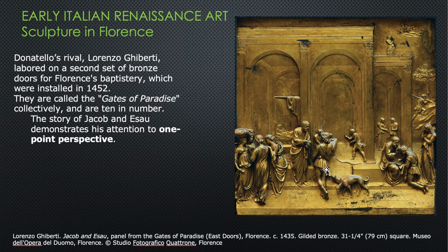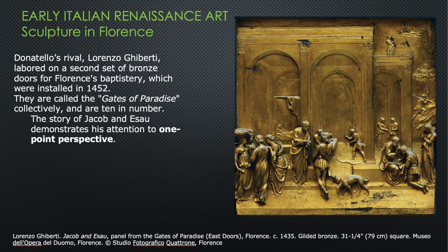He creates this scene in this structure with these round Roman arches and converging diagonals. He also makes things that are the furthest away very low in relief, so they're barely rising up the further back it is, and smaller. So he's using a lot of depth cues here to try to create the illusion of greater depth in his relief sculpture. And the figures up front are really popped out.